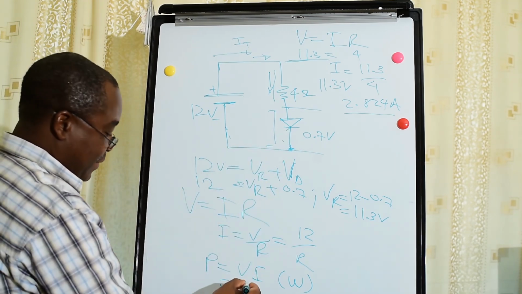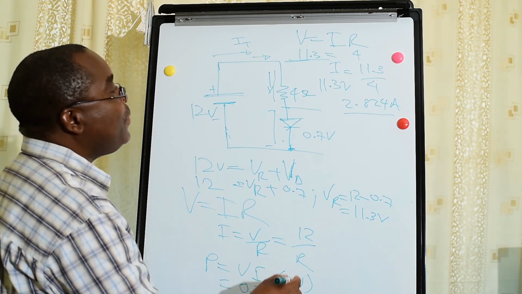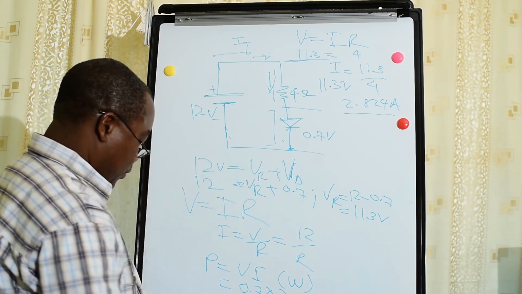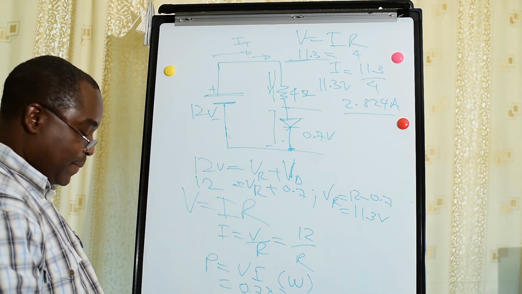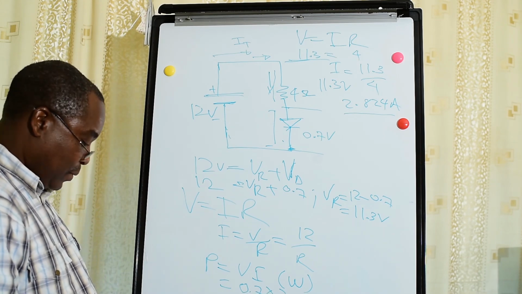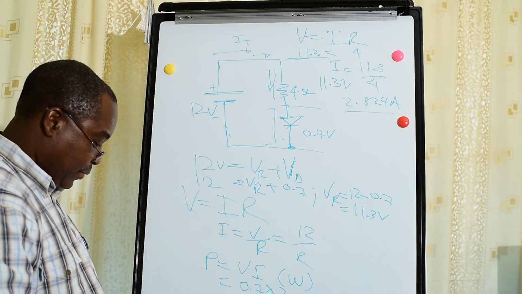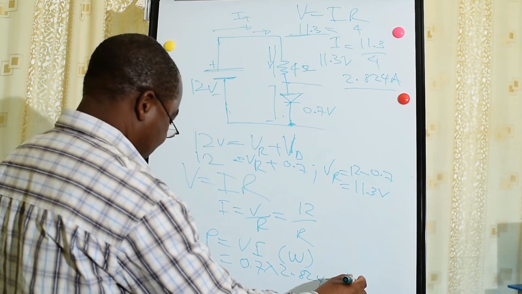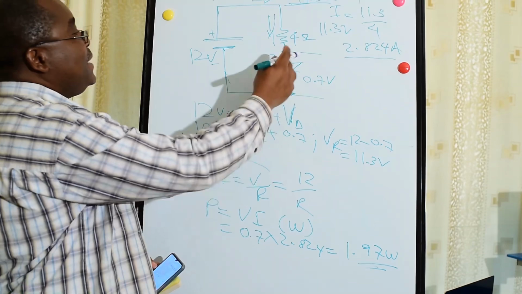Our voltage is 0.7, and our current is 2.824, which will be equal to, by using calculator, we'll see how much power will be dissipated in a diode. So 0.7 times 2.824 is equal to 1.97 watt. So this is the power which will be dissipated here in the diode.